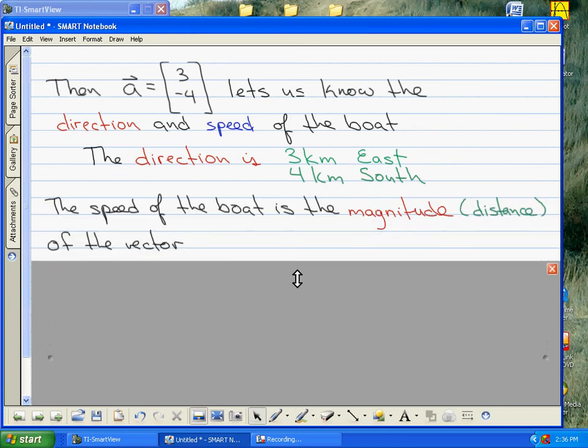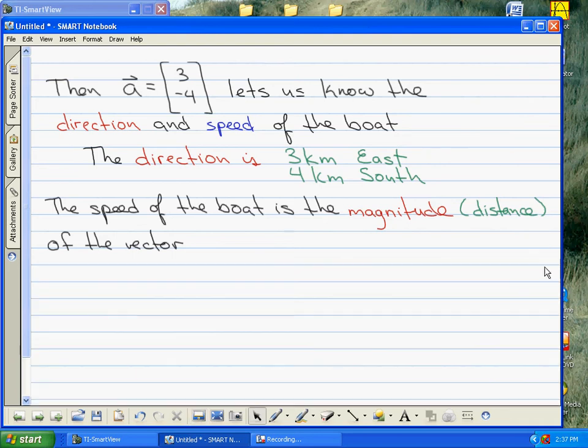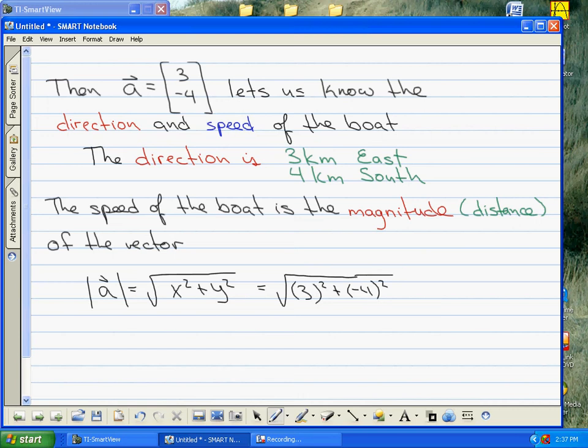The speed of the boat is the magnitude. Now it doesn't directly give us the magnitude of the vector, but we could always find the magnitude using the equation: the magnitude of vector A is equal to the square root of x squared plus y squared. Remember, it's the Pythagorean theorem. This is equal to the x component, which is 3 squared, plus the y component, which is negative 4 squared.